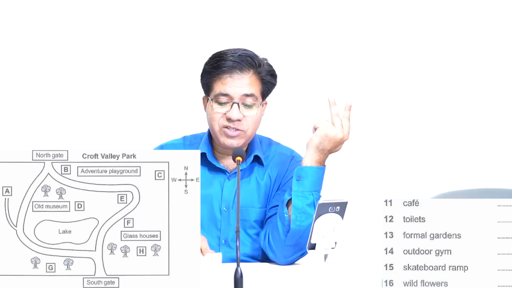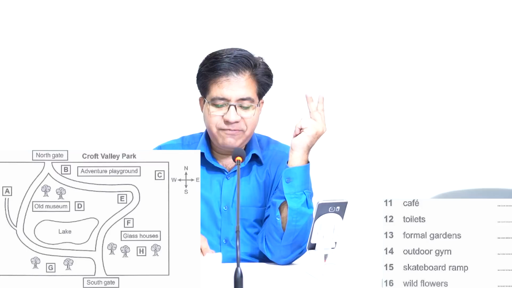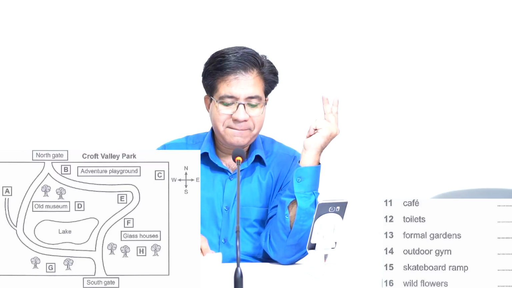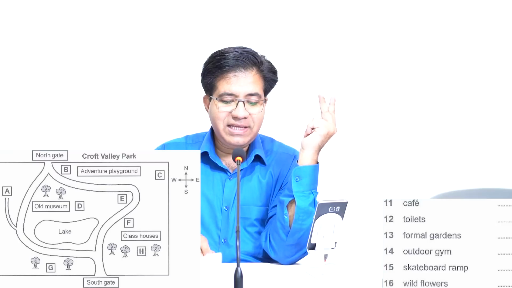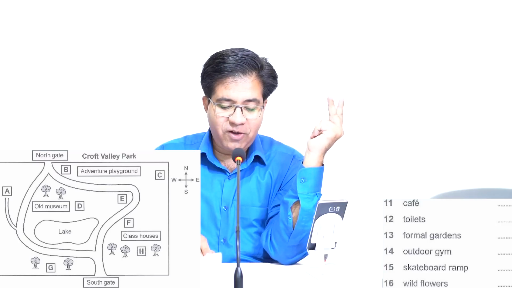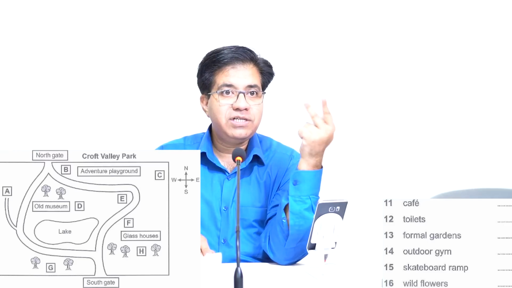If I say it is on the east side of adventure playground, C. If I say it is on the eastern side of old museum, eastern side of old museum is D. D for doctor. Okay, and if I say it's in front of the lake, again it's option D.